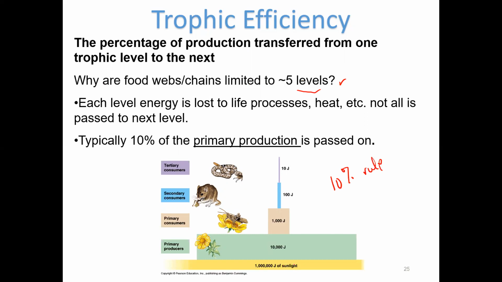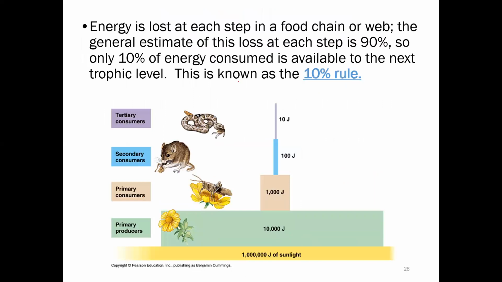Of the original energy from the sun, only 10% is passed on, 90% is lost. 10% of 10,000 is 1,000, and 9,000 joules would be lost. 10% of 1,000 is 100, 900 joules is lost to heat, and so on as we go up the trophic levels. So energy is lost at each step in the food chain. The general estimate is 90% is lost, so 10% is passed on, the 10% rule.